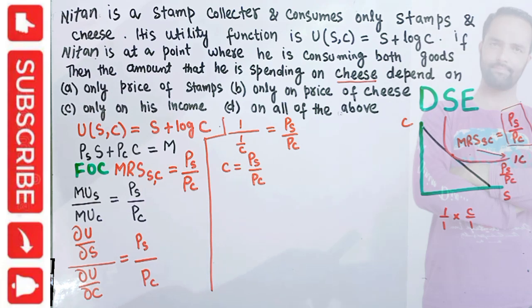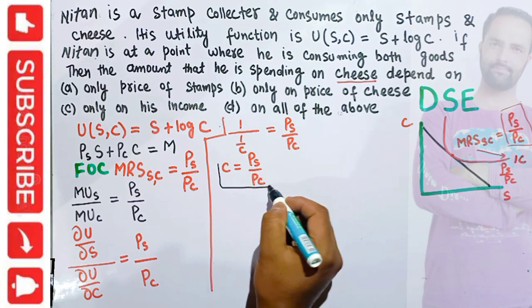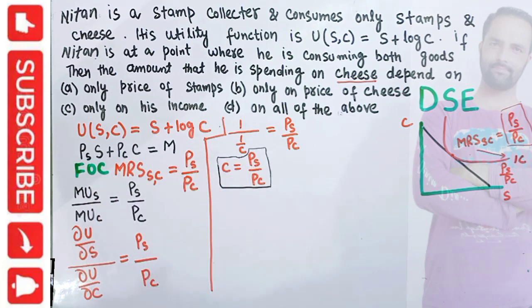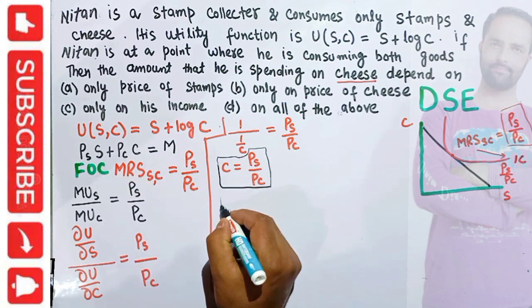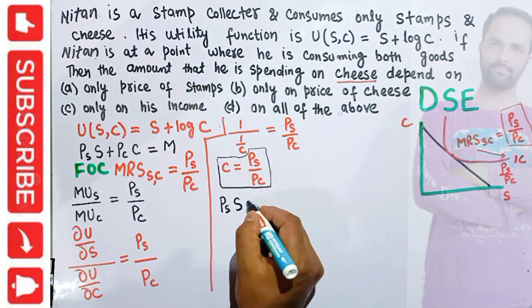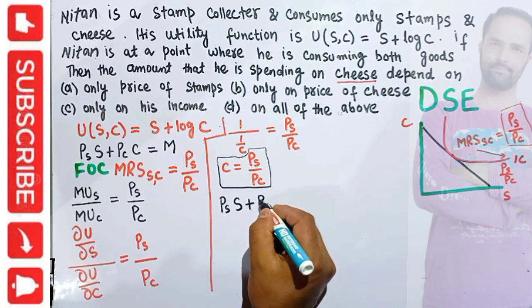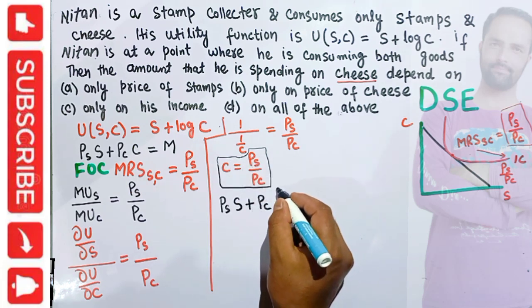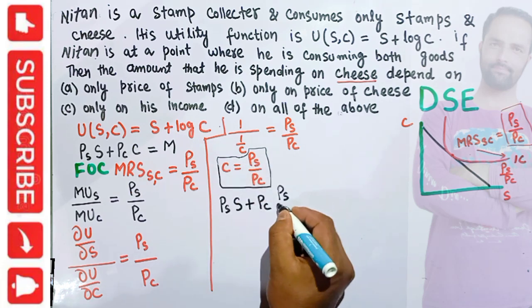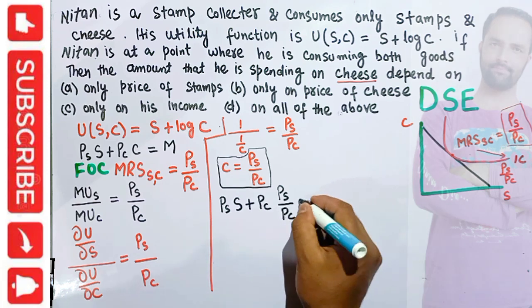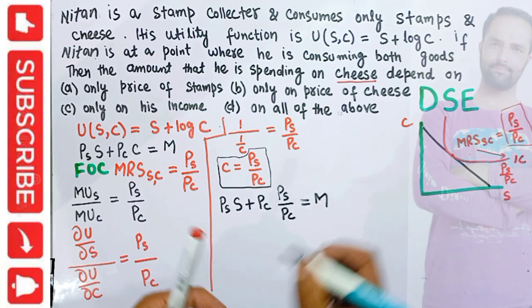Now what we need to do is plug the value of c into our budget constraint, which is given to us here. So we have price of s times units of s plus price of c times units of c, where c we got here is ps upon pc, should be equal to the income.